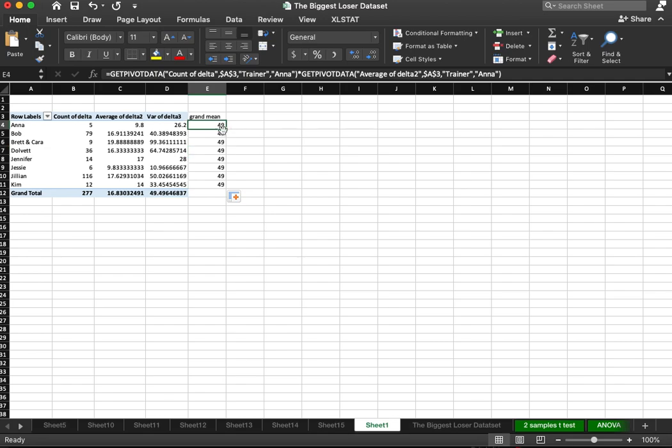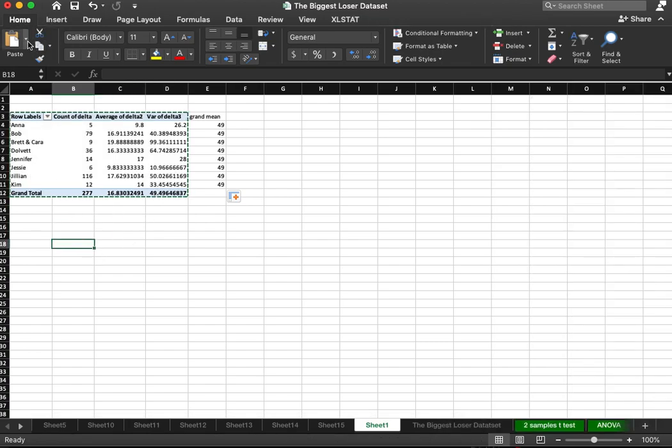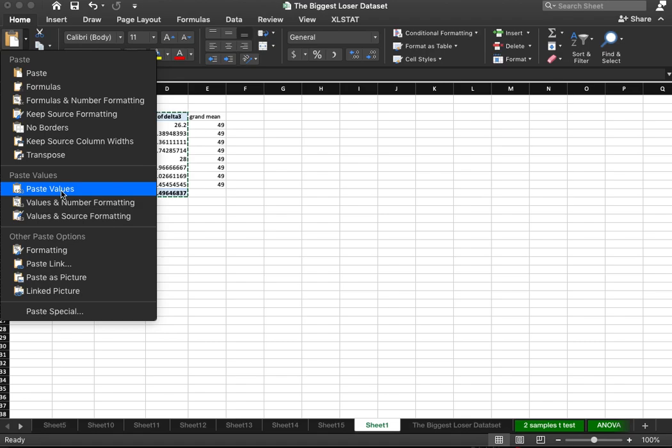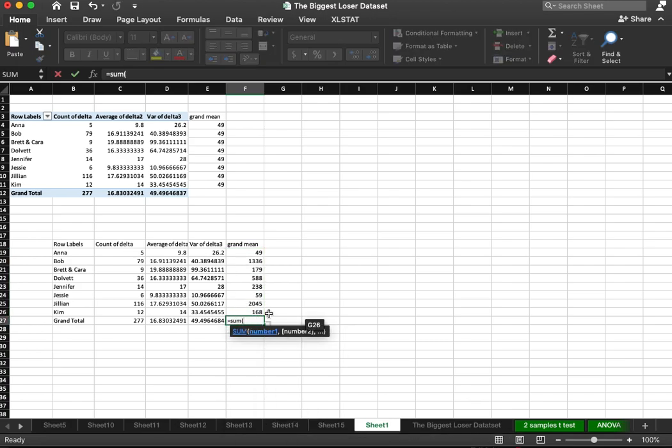Oh, silly pivot tables. I'm going to copy this as values. So count times our average all the way down. This is the sum of these values.